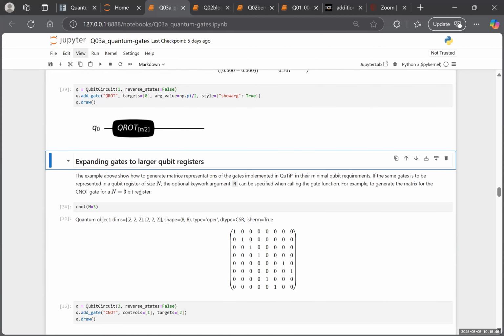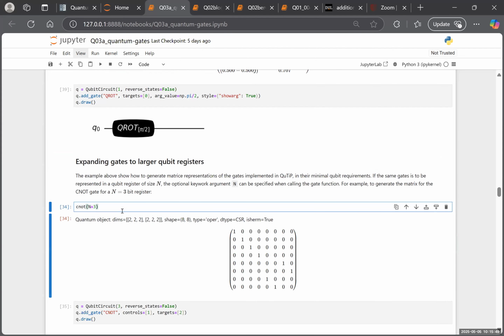Expanding gate to larger qubit register, CNOT, you can define a CNOT with 3 qubits.